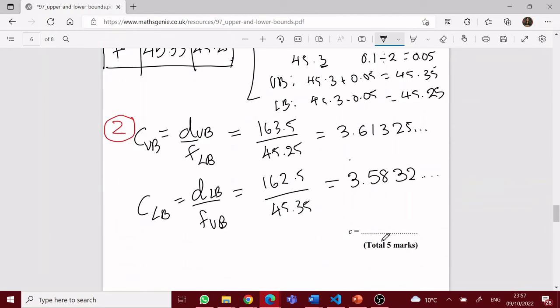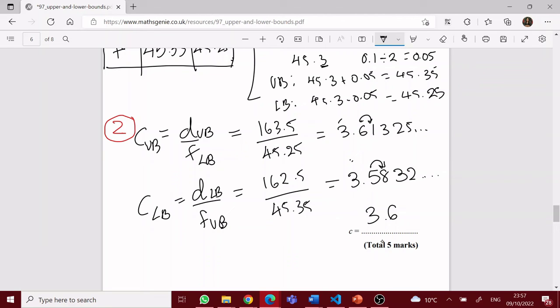So how do I do that? Usually in a test, I look at numbers that are the same. So 3 is the same in both, so I will just write that down first. I will see the next number, 6 and 5. So 6 and 5 are different. So what I will do is I look to the number next to it and I ask myself, can I round these two numbers to make them the same? And the answer in this case is yes, I can round 3.58 into 3.6.